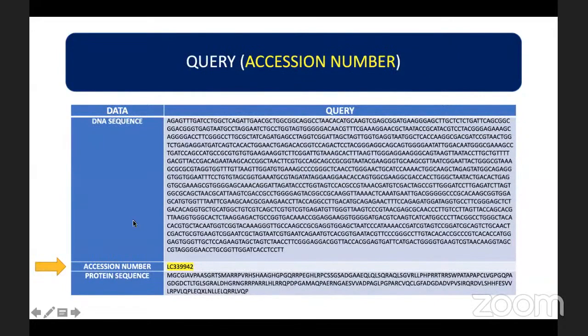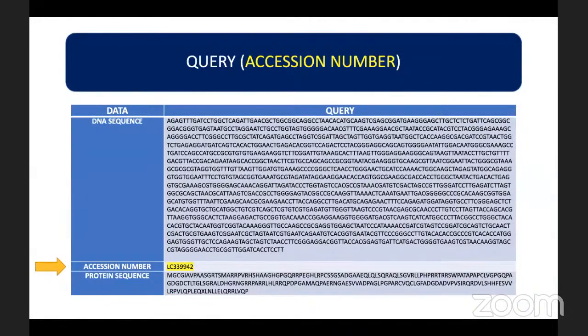Okay, so now we are going to use an accession number instead of a DNA sequence. You can find accession numbers in all publications, in journals, which deal with molecular DNA sequences or protein sequences. You can use the accession number in the 3 DNA data banks.